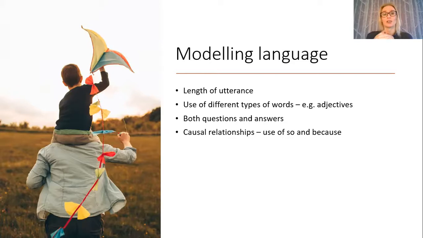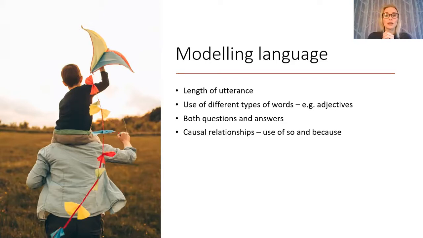If the child is just using language at the one word level, we're probably going to be wanting to use language that's maybe at the 2 or 3 word level, so that we're sort of taking where they're at and just giving them a model of this is where you can go to next. We might be adding in different types of words. So if the child is just using maybe nouns, just labeling things, we can add in some adjectives. So if they're saying car, we can say, yeah, a red car. Okay, so we're taking what they're doing and adding different types of words to it.